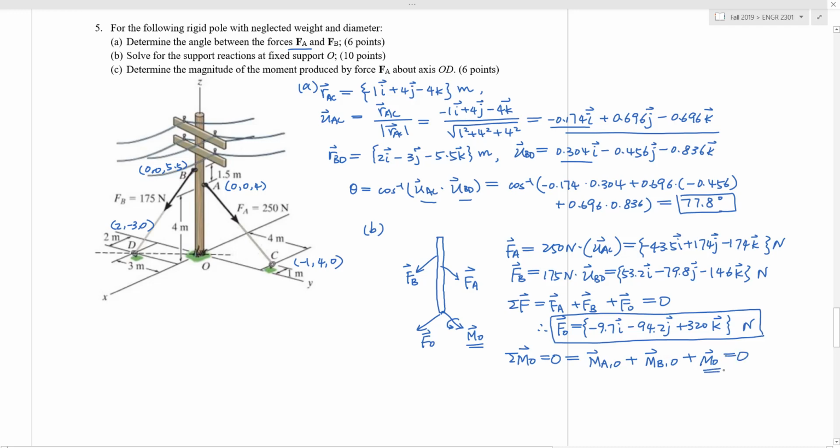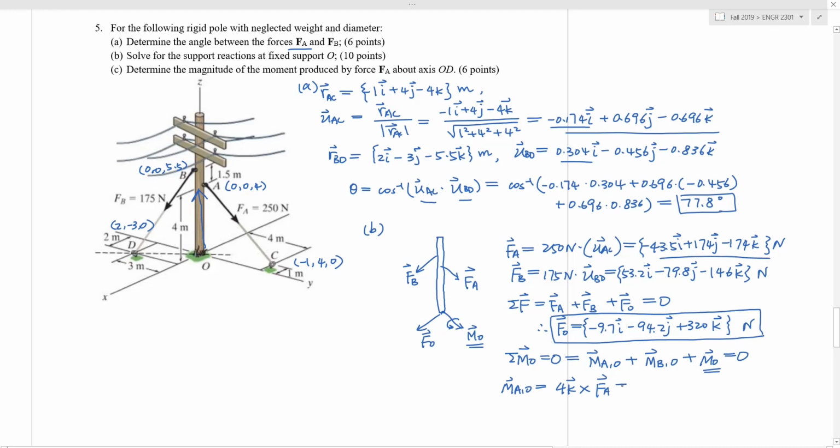So this is our unknown that needs to be solved, but MA can be determined by your position. We're going to use the vector formulation, position vector from point O to A. So this will be our position vector, and that is 4k, position vector cross your FA, which is this right here.